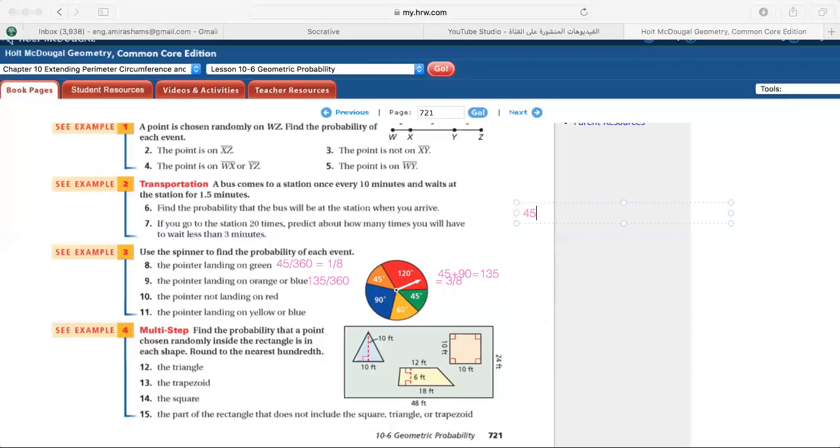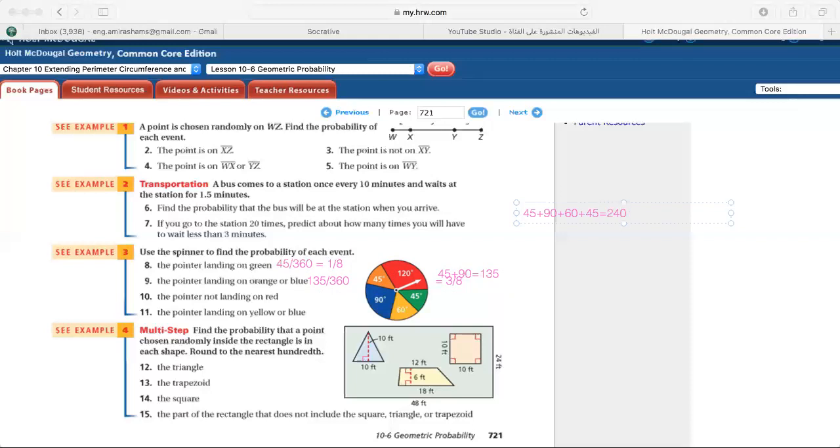So it can land on 45 plus 90 plus 60 plus 45. The 120 is the red. I add 45, 90, 60, and 45: 45 and 45 makes 90, 90 and 90 is 180, 180 and 60 makes 240.